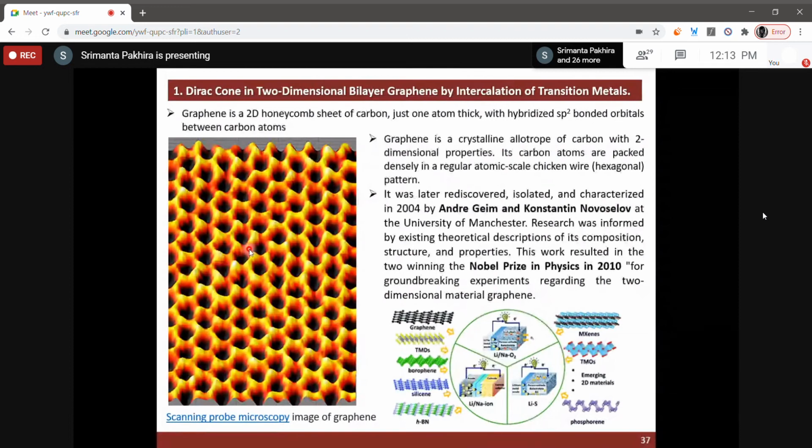Just 10 years back, graphene came to the market as a potential material, but after 2004 it developed slowly, and 2D materials are coming. Right now, if you open any journal, many of us are working on 2D graphene and 2D materials for batteries and many other things.